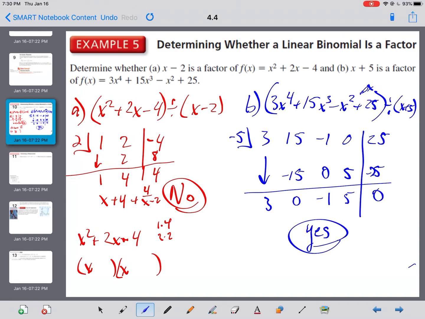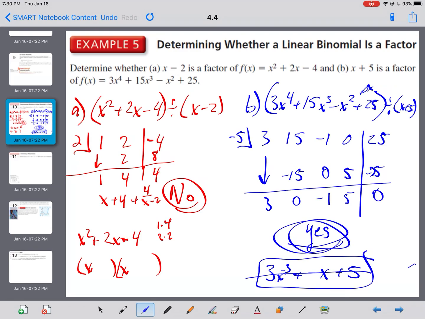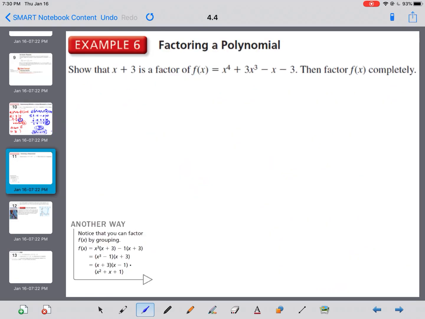It does not. And over here, yes, it does. And what it results in is 3x to the 3rd plus no x squareds, but minus x and plus 5. That's our leftovers. This is not necessarily the part we need. We need yes or no. Is it or isn't it? This one passed the test, mainly because that's 0 right there. This is why it's a no for 4.